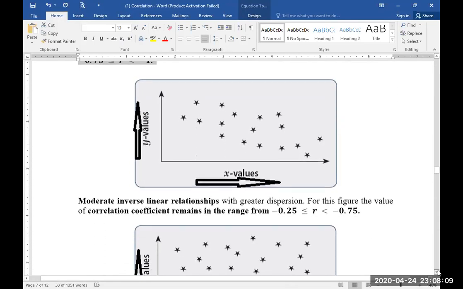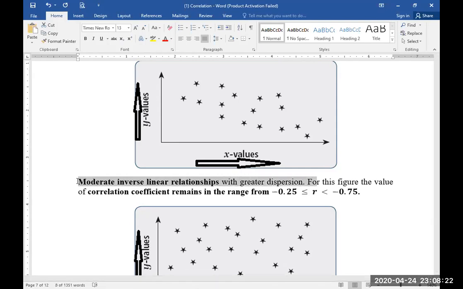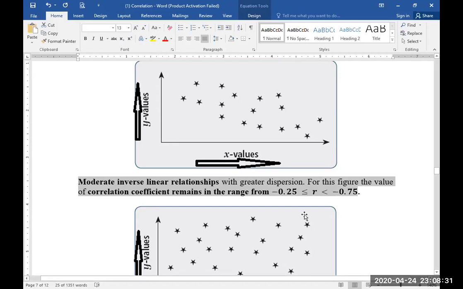In this figure, there is more dispersion between the points than in figure 2. This characterizes the moderate inverse linear relationship with greater dispersion. For this figure, the value of the correlation coefficient remains in the range of negative 0.25 to negative 0.75.